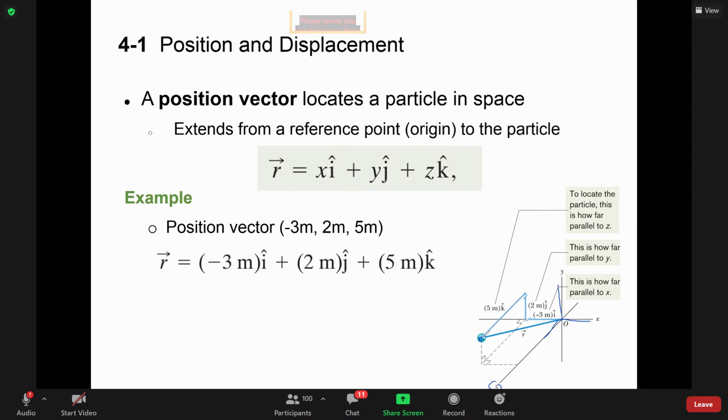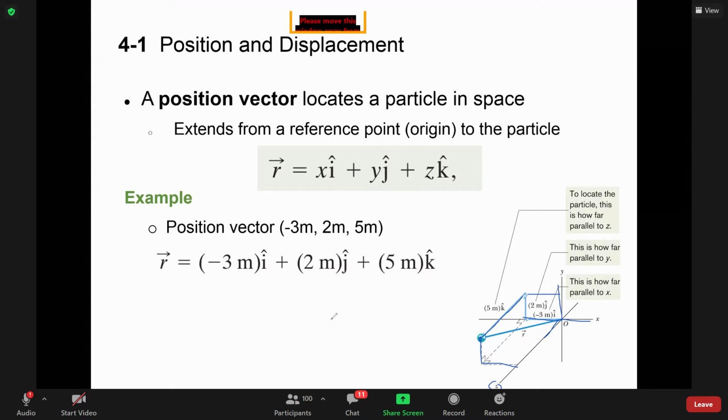So if I have this ball, I can say that this ball is in a space like this position. So it has a component along X, because the ball is here. So what I will do is projections. This ball has a projection on the Y, and the projection on the Y is 2 units.